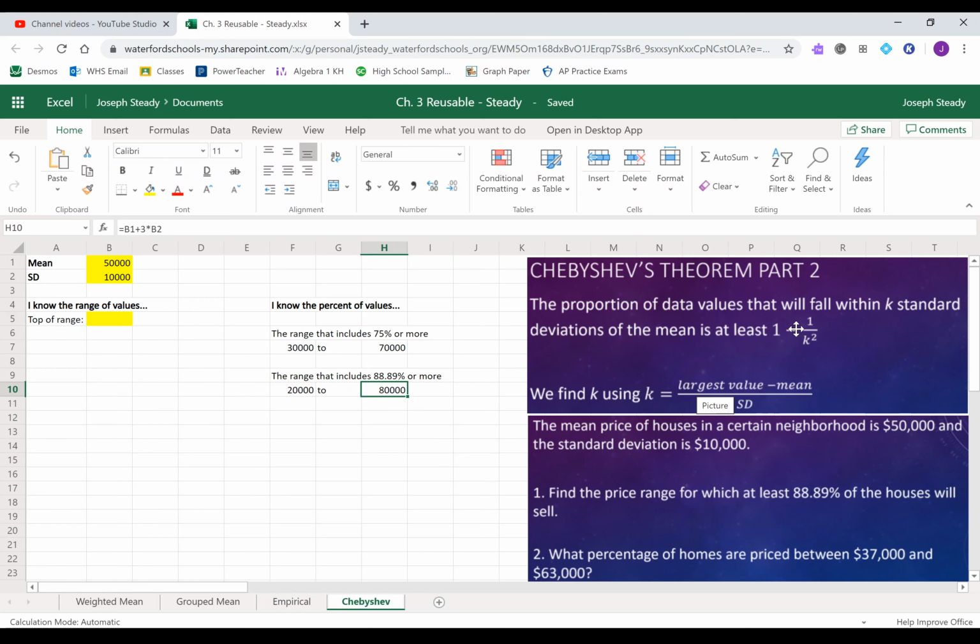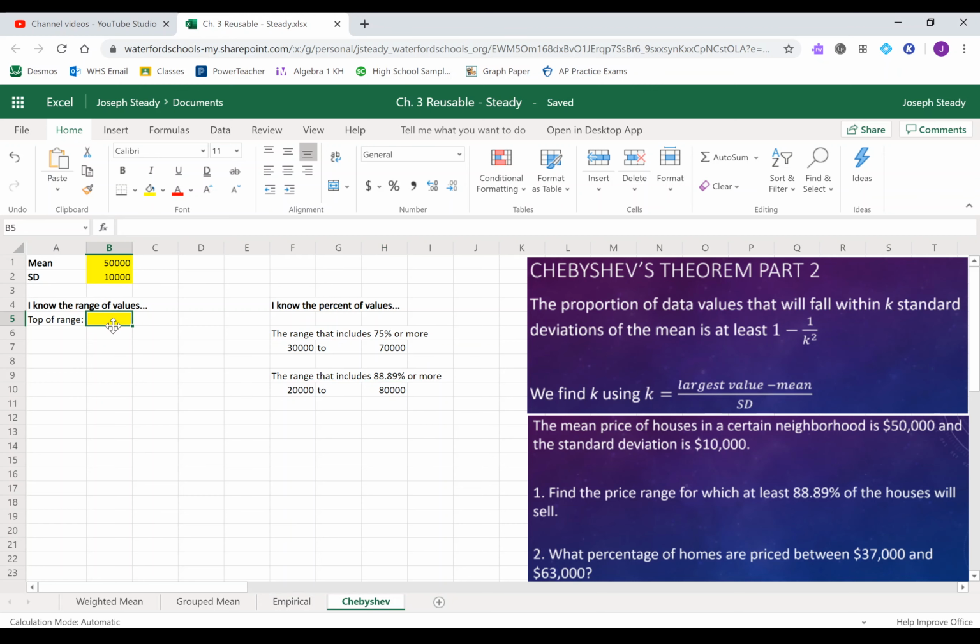But Chebyshev's theorem has this kind of fancy calculation you can do, which is you can find the k value, in other words, how many standard deviations above or below the mean is your top or bottom of your range. And then you can use this formula right here, 1 minus 1 over k squared. That will tell you what percentage of data falls within your range.